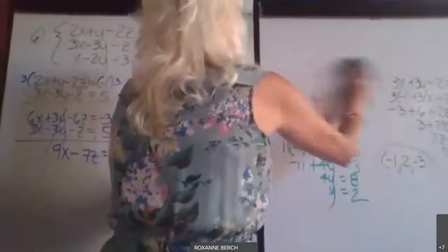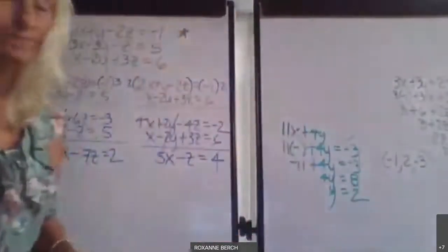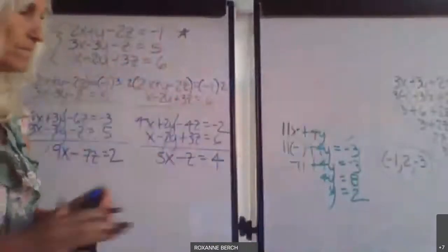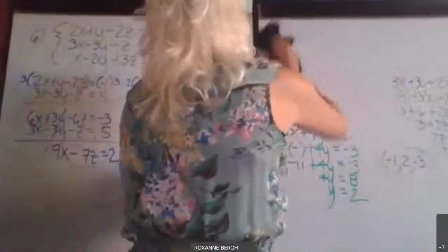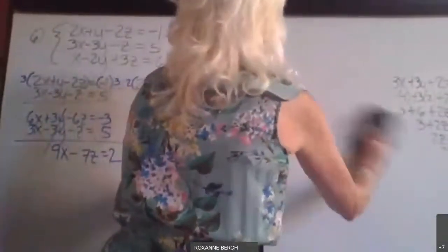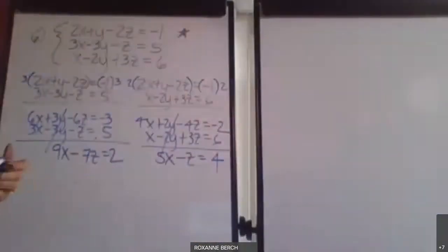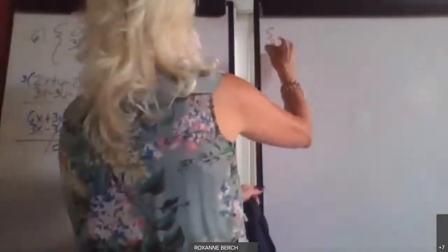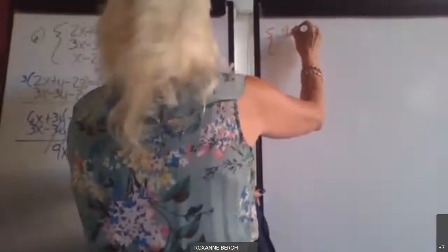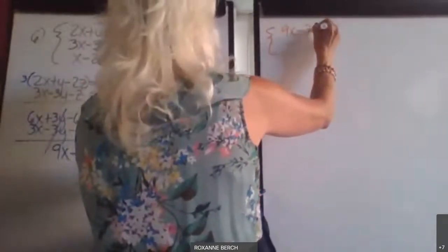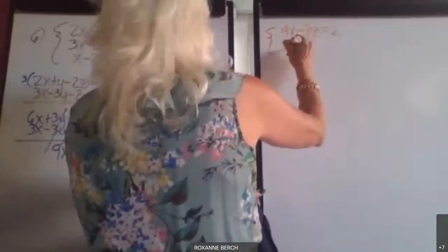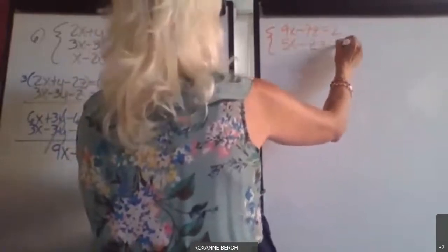So over here in the orange, your system in 2 variables will be 9x minus 7z equals 2 and 5x minus z equals 4.